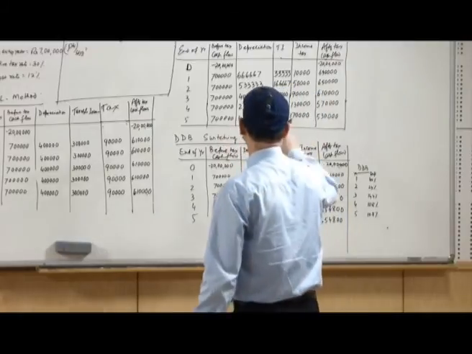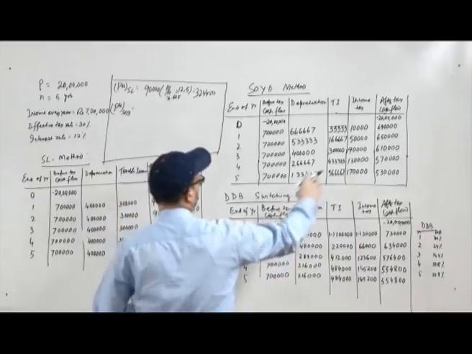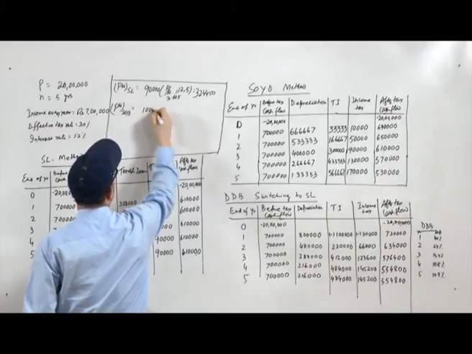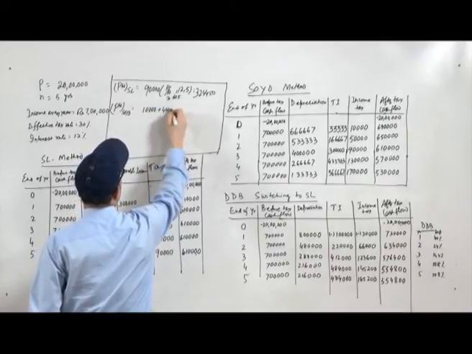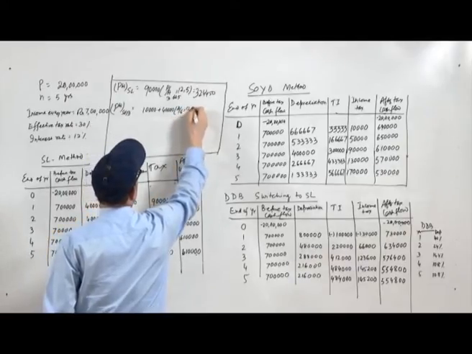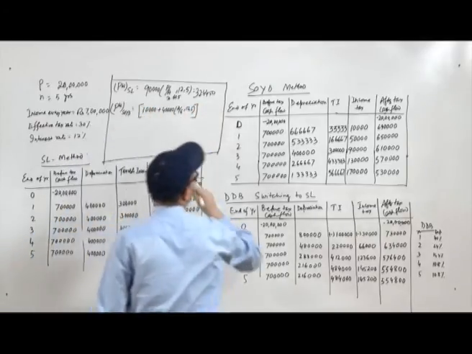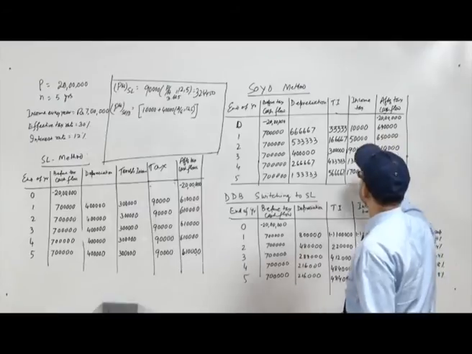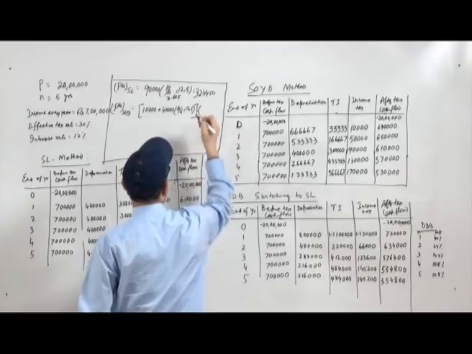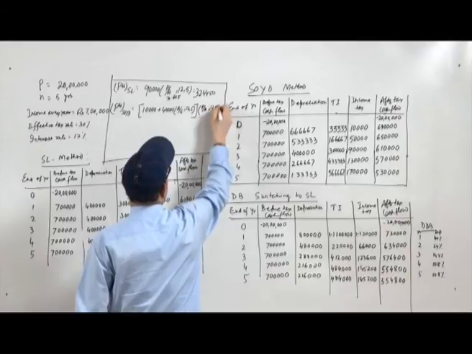So this can be done by using the uniform gradient series basically. So it will be 10,000 plus 40,000 A by G 12.5, and this will be the equivalent annual series. For its equivalent at the present time, you have to multiply by P by A 12.5.